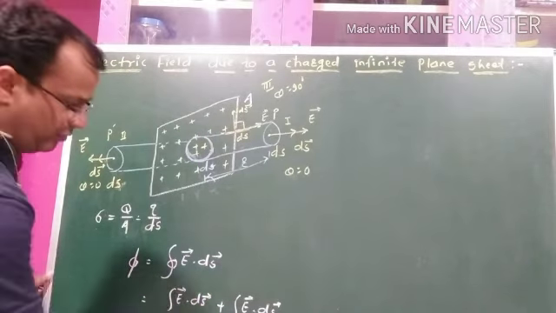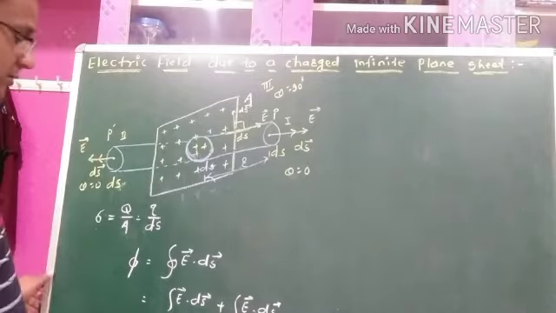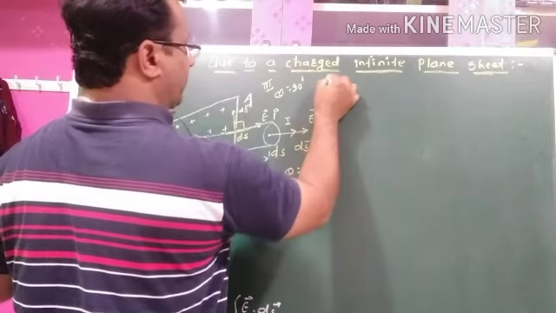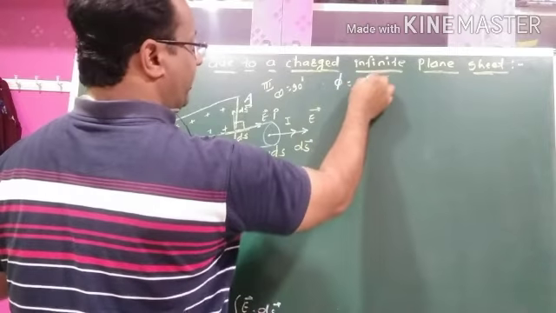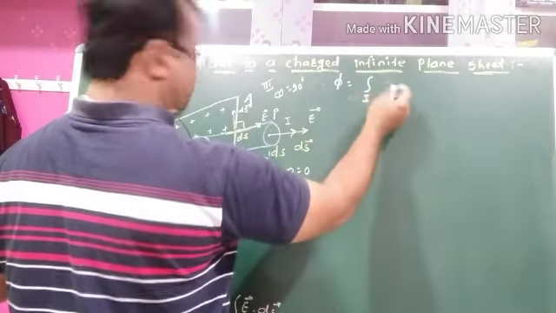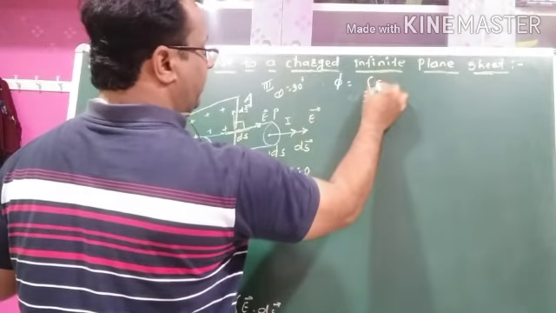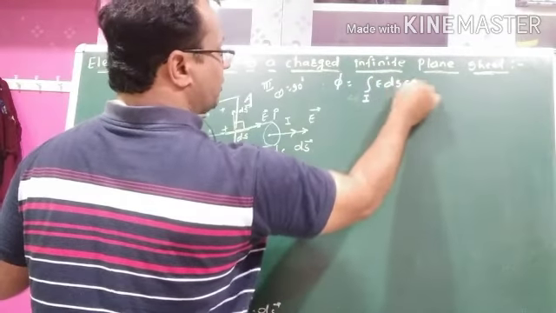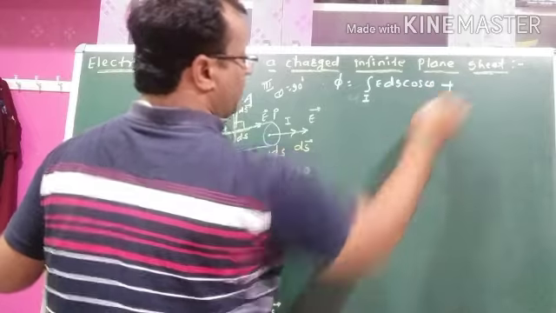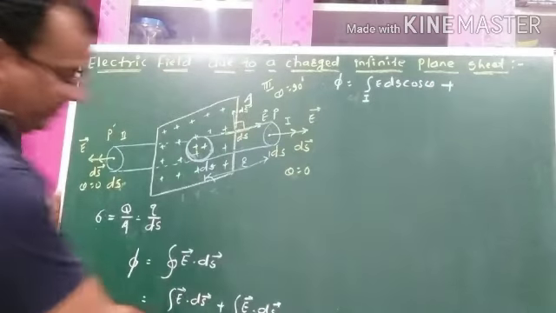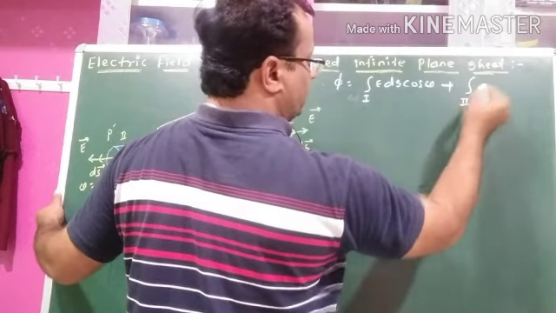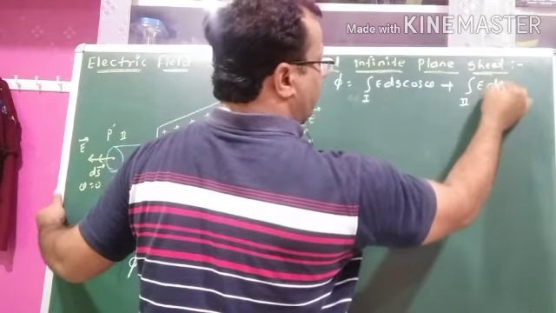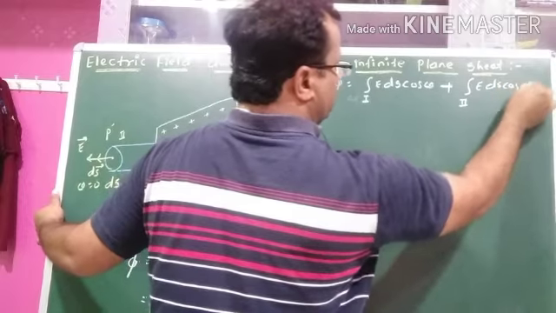Here again we want to write this equation in terms of magnitude. Therefore phi is equal to the integration for the first area, E ds cos theta, plus for the second one, the integration for the second area, E ds cos theta.